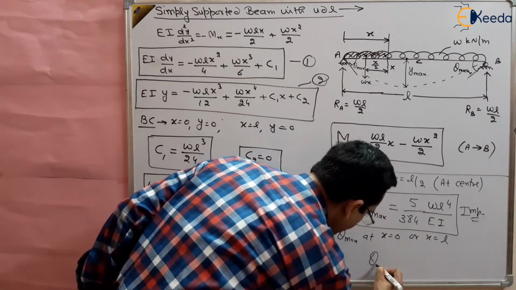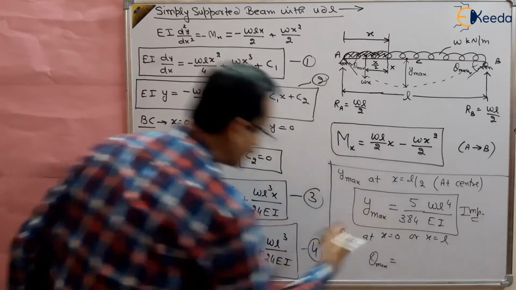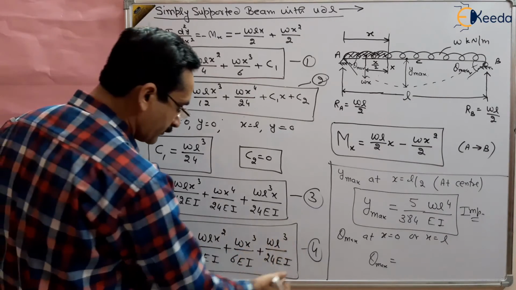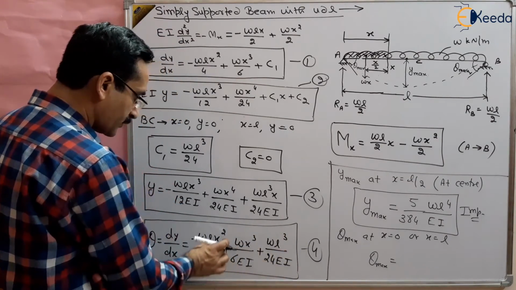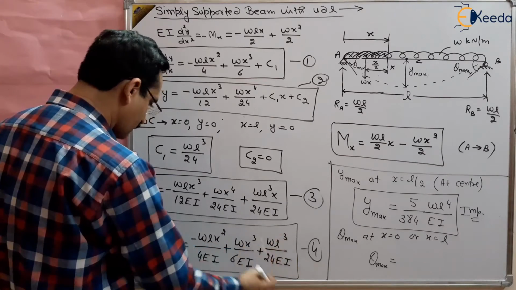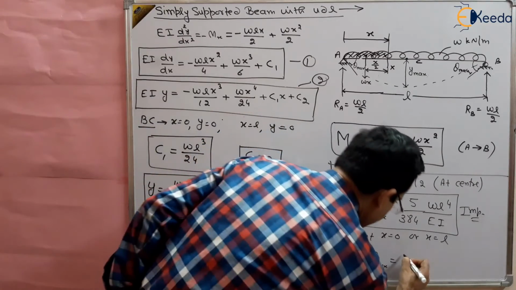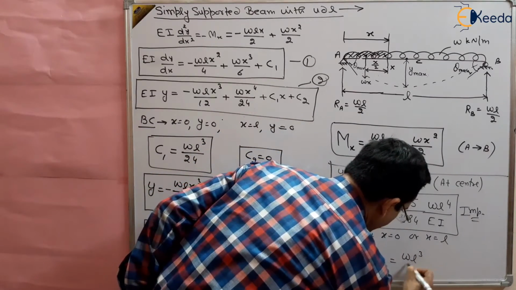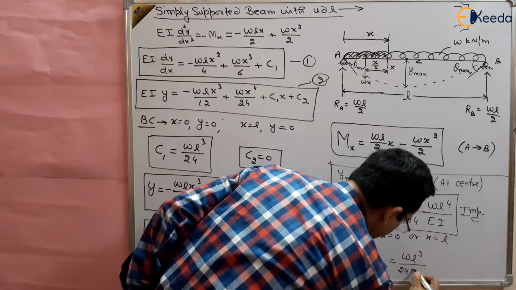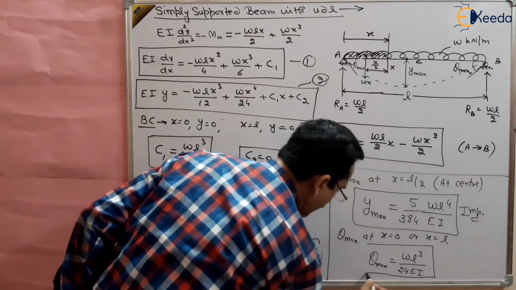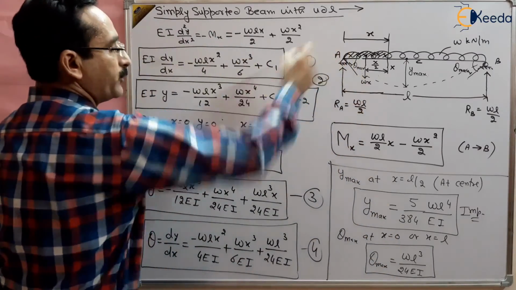Put the value of x as 0 here, and because x is 0, you will get the maximum value. So theta max will be equal to W L cube by 24 E I, the maximum slope at the support point A.